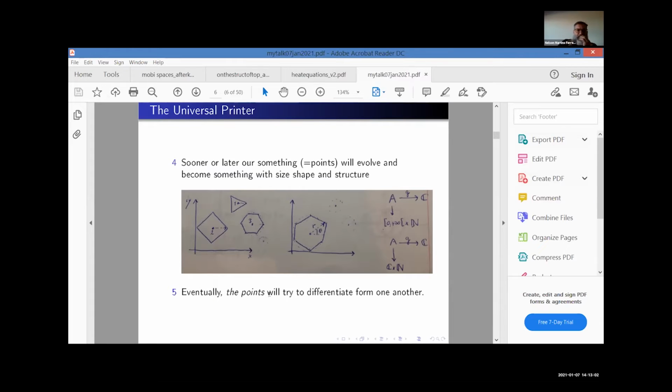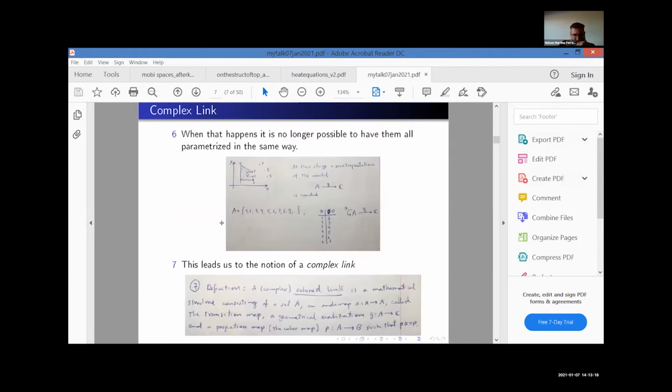Well, as I was saying, sooner or later, one point may try to differentiate from another one, and more complex shapes, not all regular, can be considered. Let us say, for instance, suppose we have now, instead of a regular shape, some arbitrary shape.